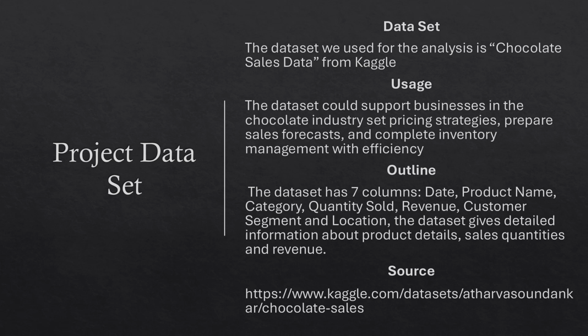The data set consisted of 7 columns: date, product name, category, quantity sold, revenue, customer segment, and finally location. The data set also provided us with some important information regarding product details, sales quantities, and revenue. For anyone interested in looking at the data set for themselves, the source is the Kaggle website, and you can see the link at the bottom of the screen.